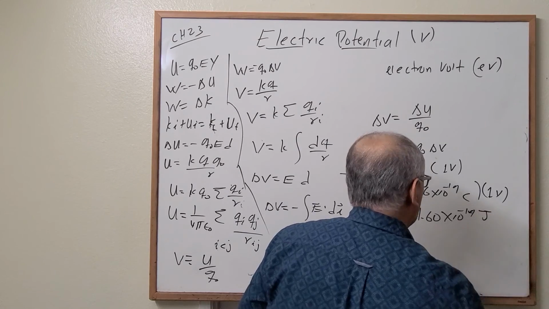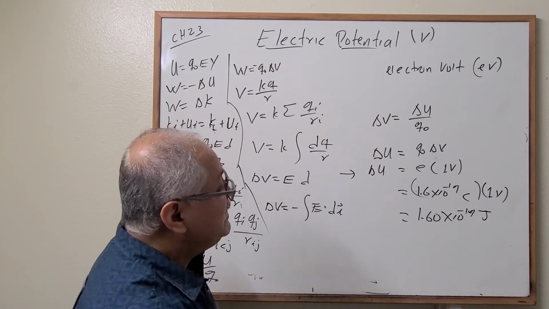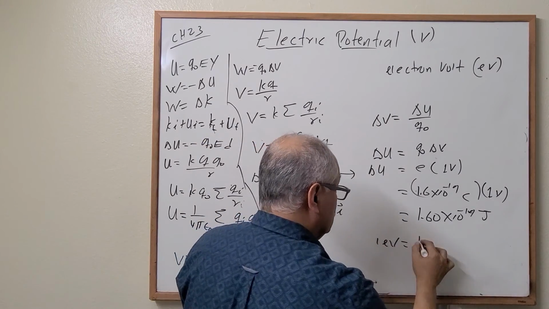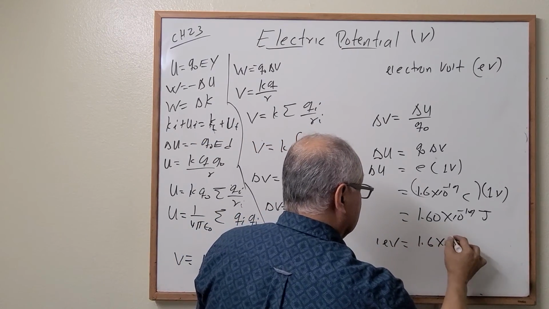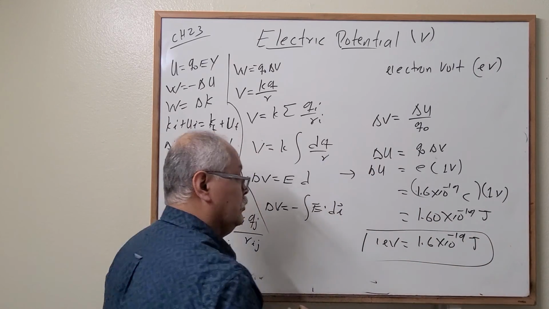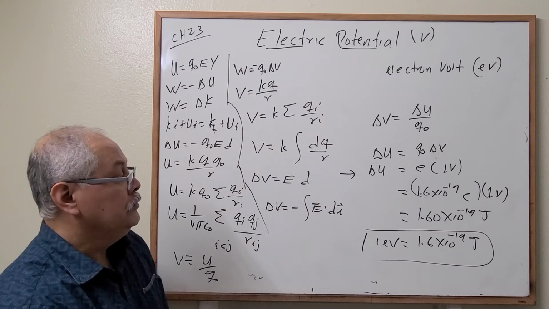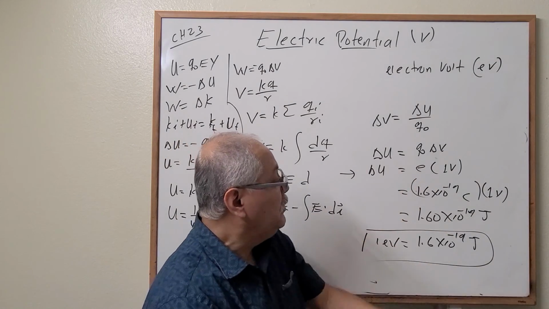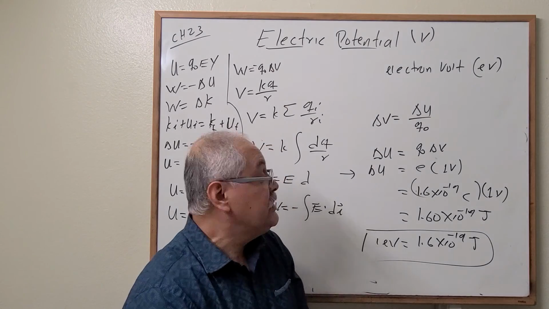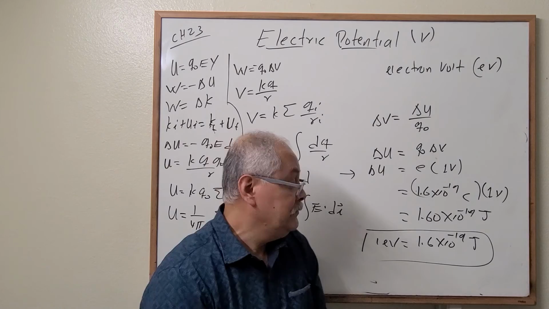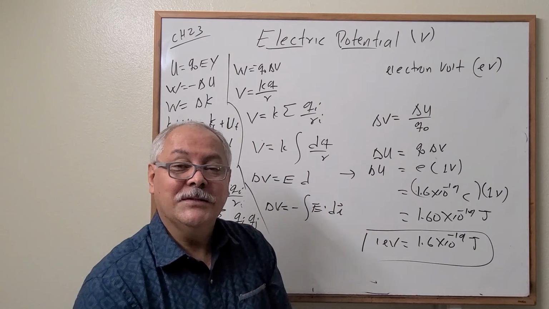And this is called 1 electron volt. 1 electron volt is equal to 1.6 times 10 to the minus 19 joules. It is the energy gained or lost when an electron moves through an electric potential difference of 1 volt. That's the electron volt.